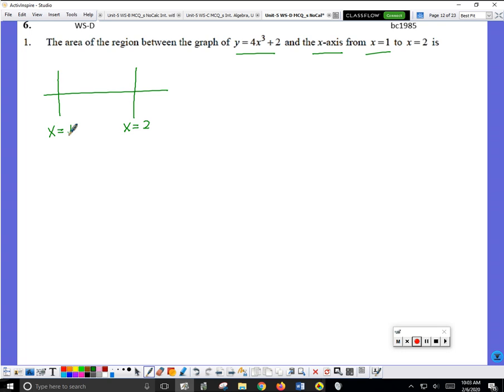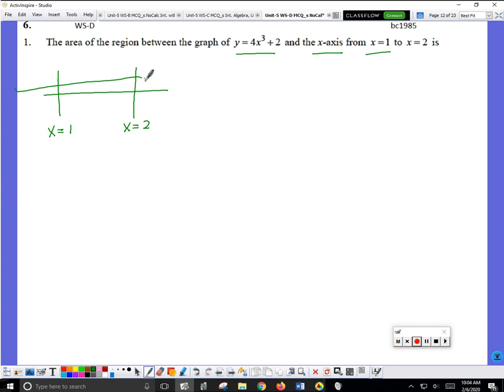Well, if you plug any number between 1 and 2 into this, something very nice always happens. What y-coordinates am I always going to get when I plug in x's that are between 1 and 2? Positive. So here's my very technical sketch of that graph. It doesn't matter.